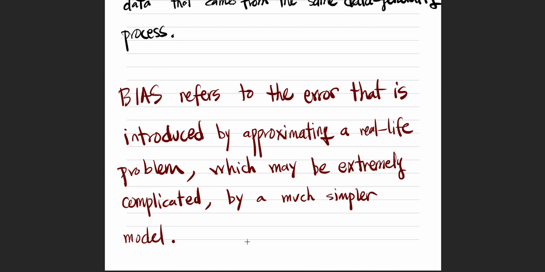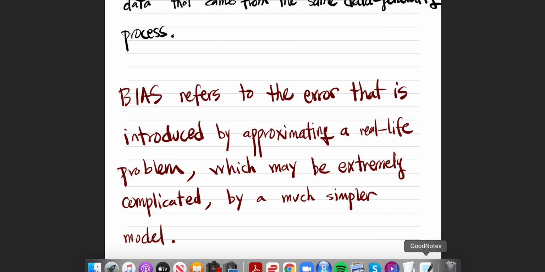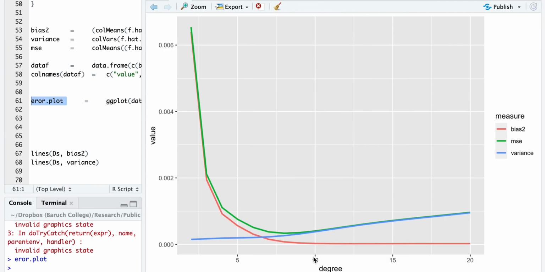Obviously, because the model becomes more complicated, so it's able to capture this complication. At the same time, the variance increases, as we saw, because the more flexible the model becomes, it may verge on the side of capturing noise rather than signal.